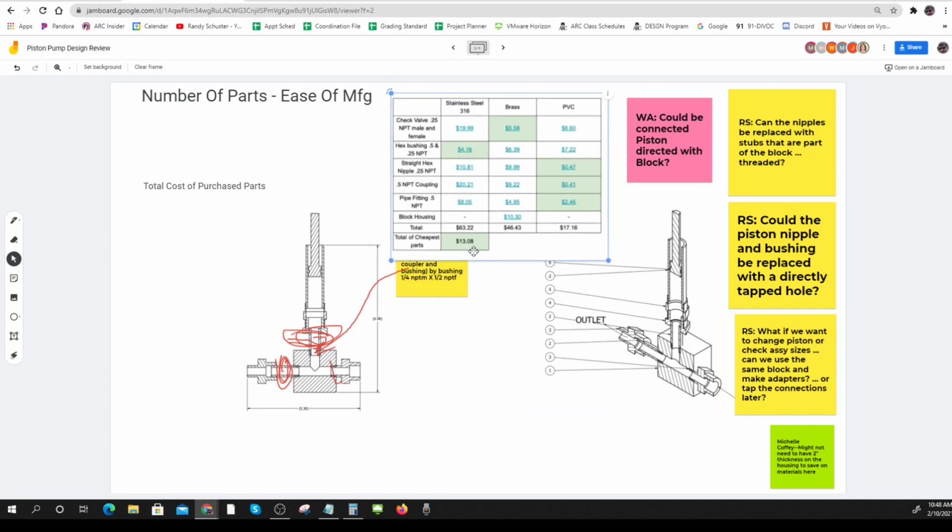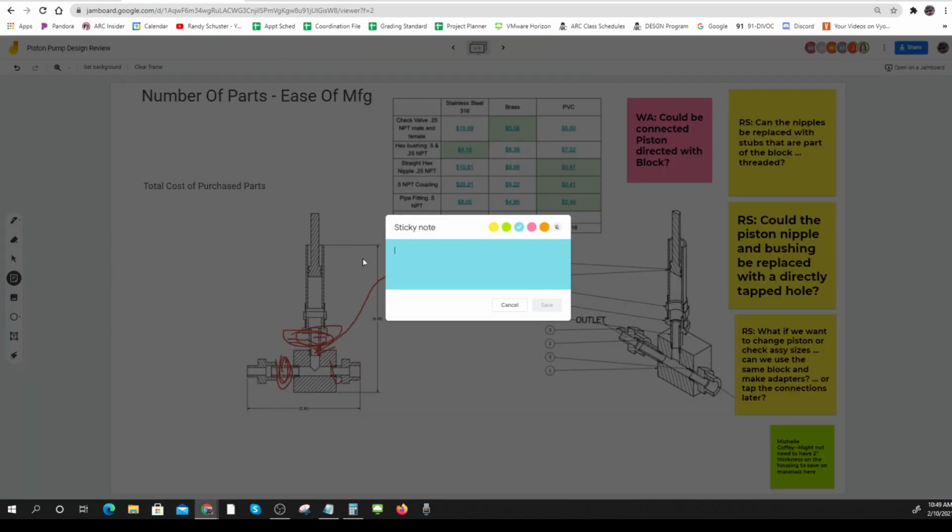And I'm looking at it, and my total cost, even if I go with 316 stainless steel all the way around, is going to be about $63. Okay? So that's what we're looking at for that. And I'm going to put just really quickly.